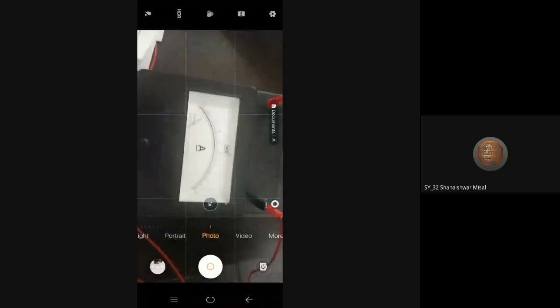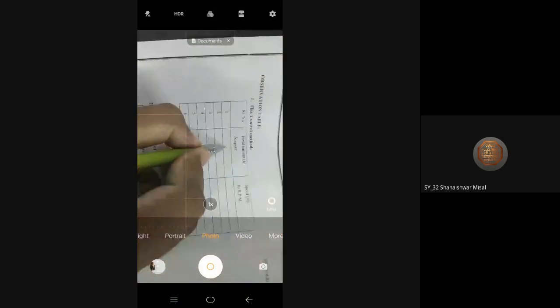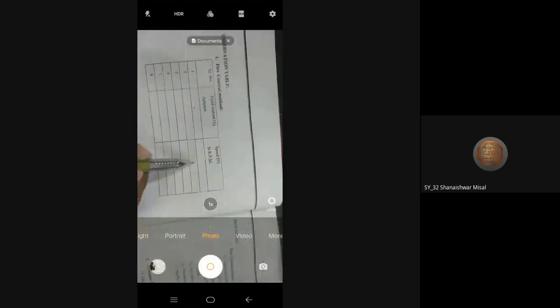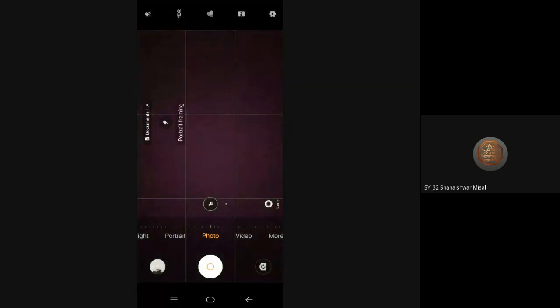We have to take this value of current in this place. Here we will write the value of current, and whatever the speed will be, we will take here. Just hold on for a minute.